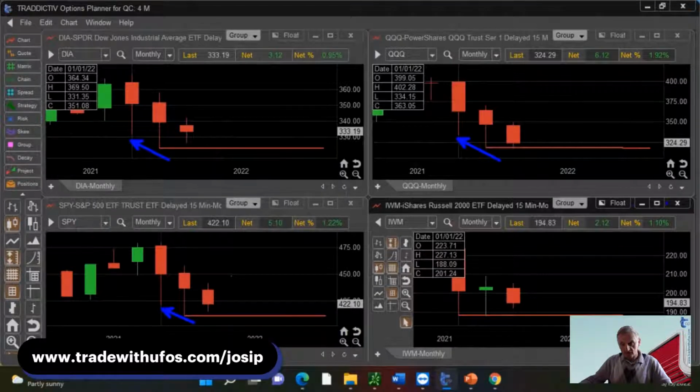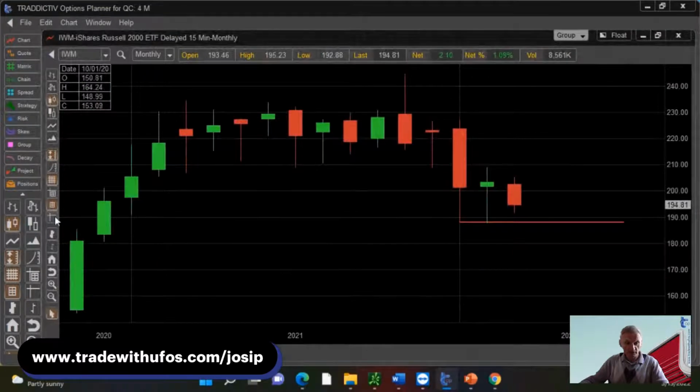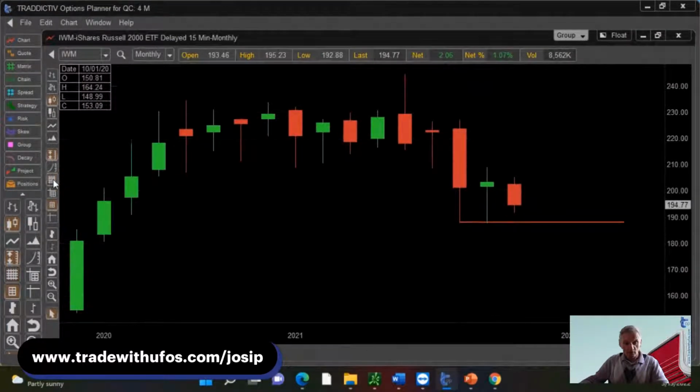On the Russell, first of all, we have not created a lower low. That is quite significant, because if we haven't created a lower low and have created an equal low, we can even make an argument, as of now, and this is an unconfirmed argument, that we are now making a somewhat higher low.